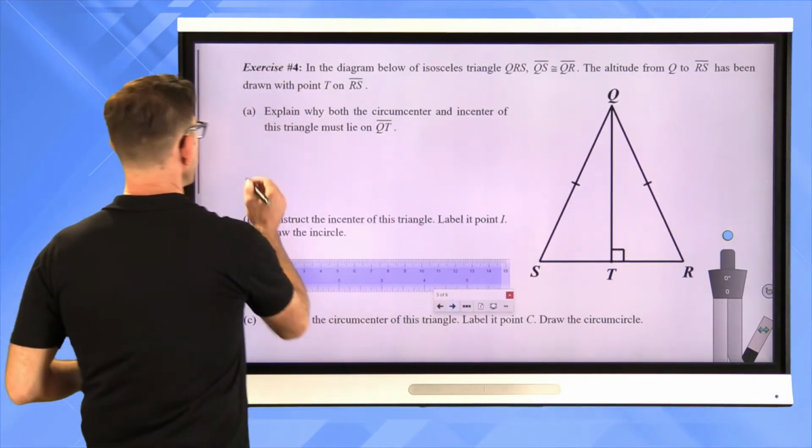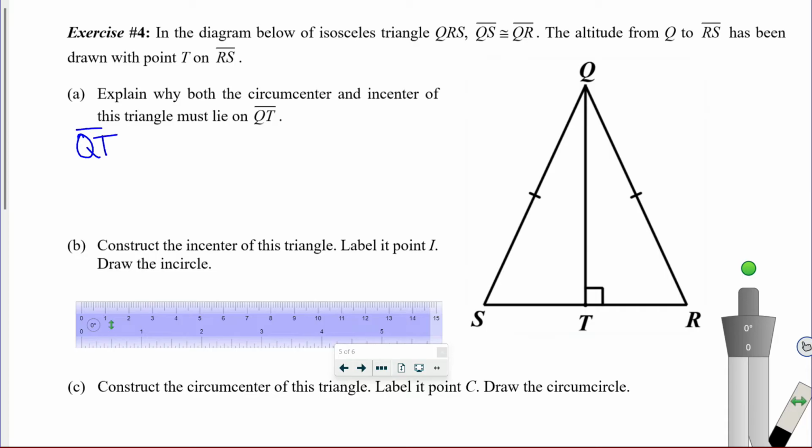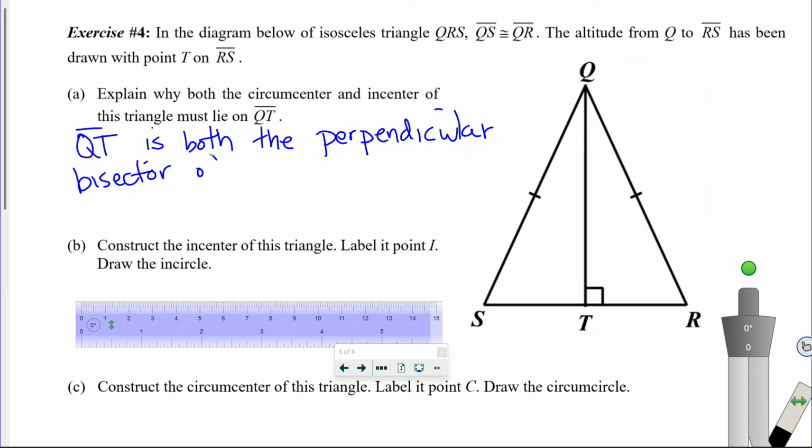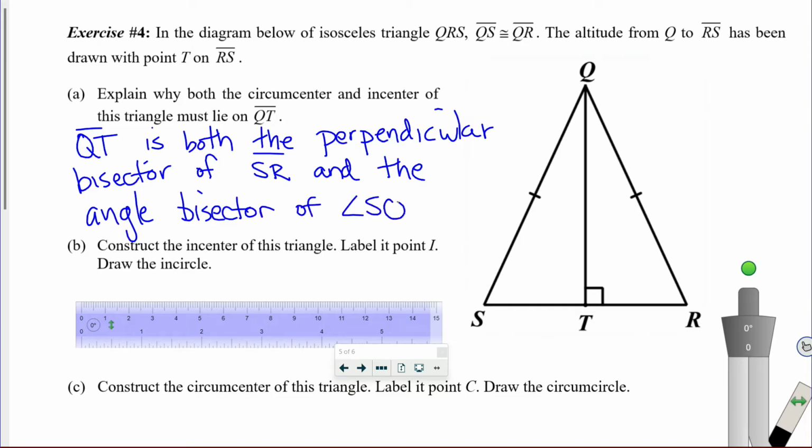So, right, QT is both the perpendicular bisector of SR and the angle bisector of angle SQR.